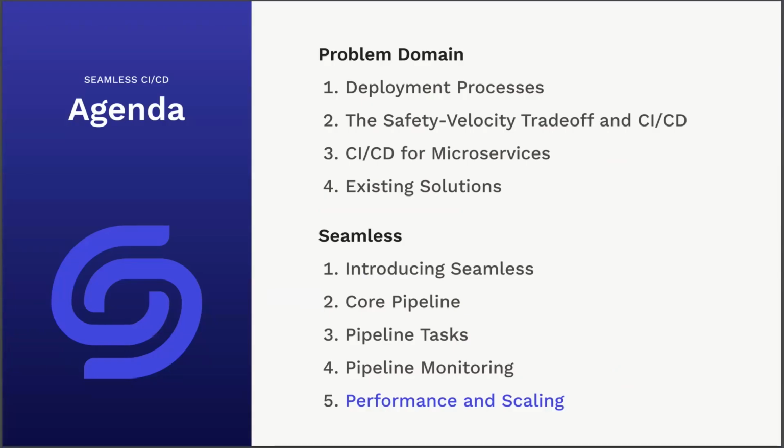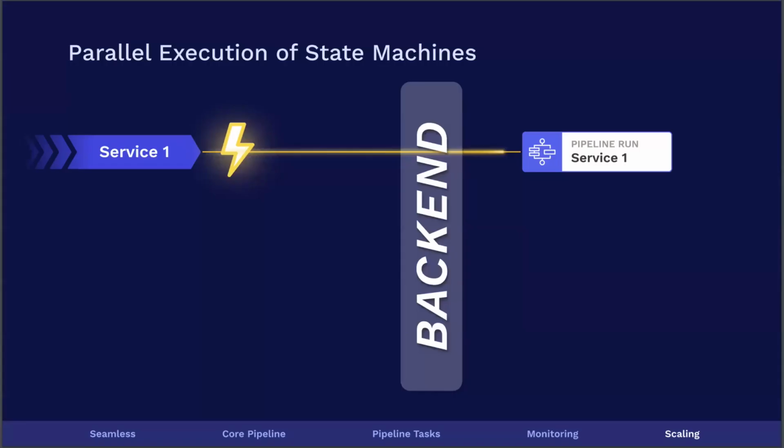Now that we've covered pipeline monitoring with a dashboard and the logging service, let's look at some of the scaling optimizations. We designed our infrastructure to accommodate a high volume of pipeline runs. If a user is making frequent commits or adding microservices, the infrastructure must be able to support multiple runs in parallel.